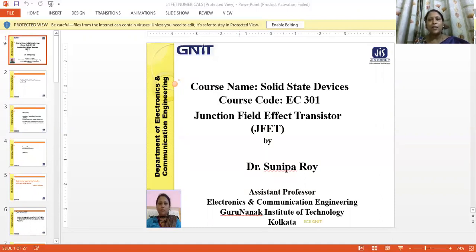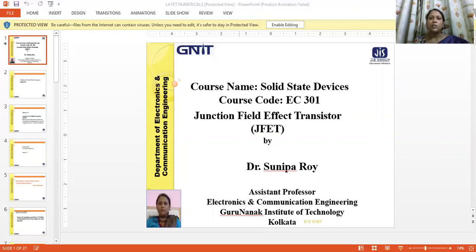We will analyze the circuits to avoid failure in our future. This is the data sheet of JFET. We will see it later on.